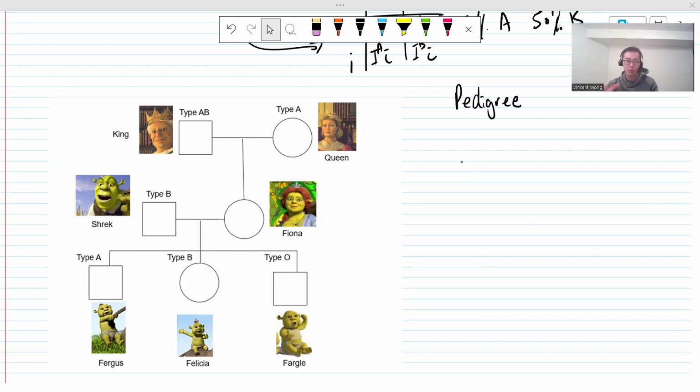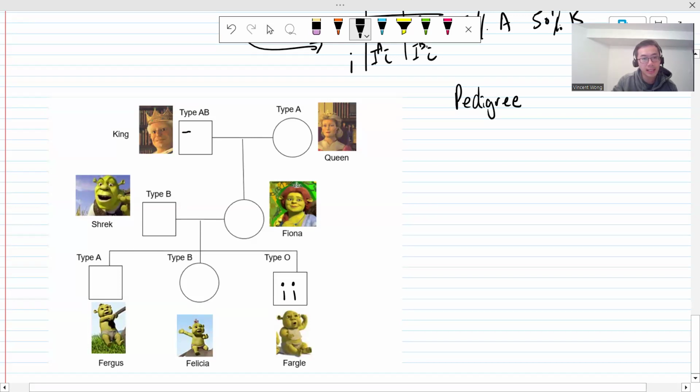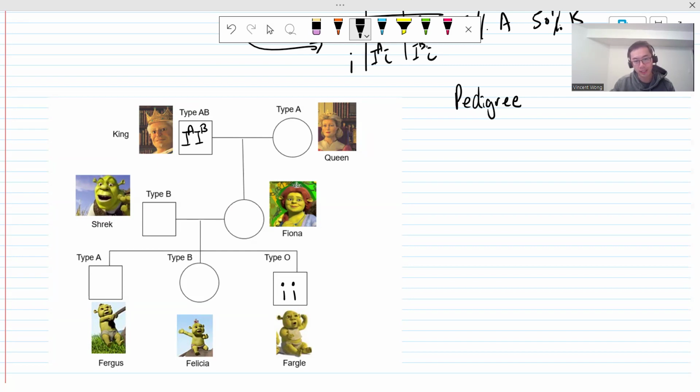The way to approach a question like this is to start with the obvious blood types, like the O and the AB. So here Fargo is type O, so he must be little i, little i. For the king, it's IAIB, and that's about it.